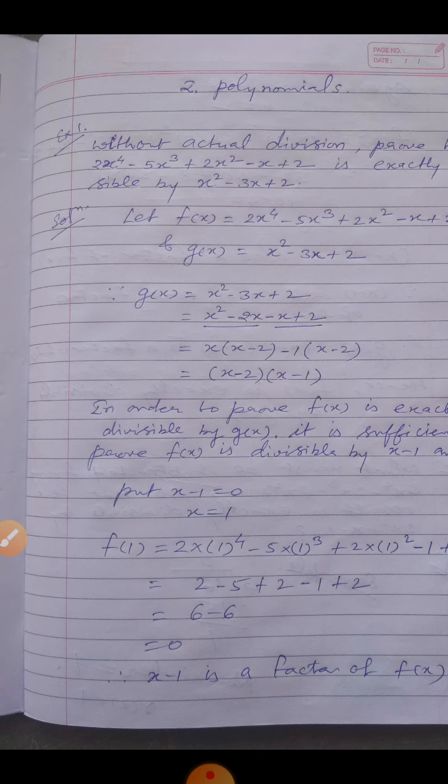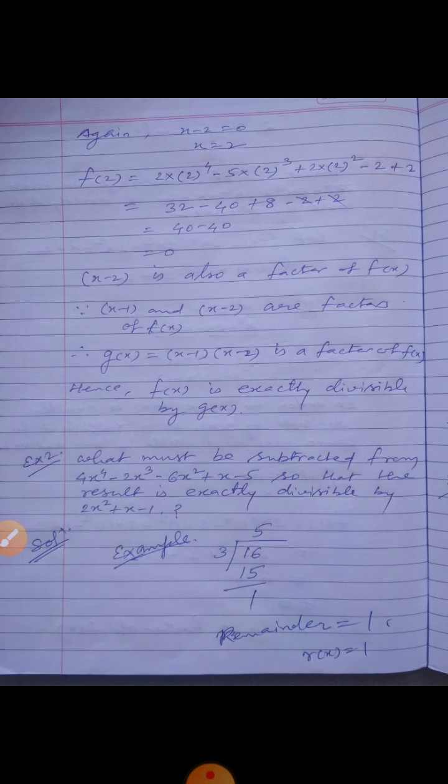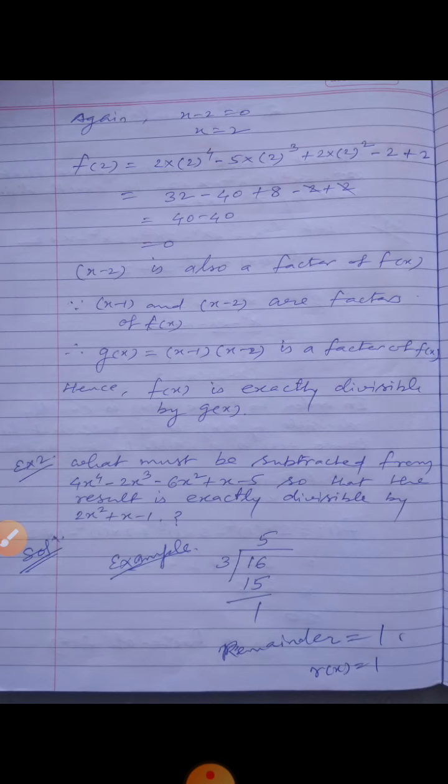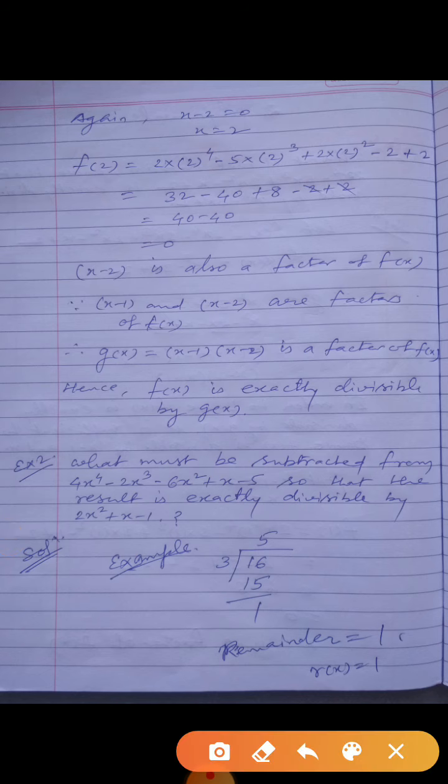Again for the next factor, x minus 2, find the zero of x minus 2. So put x minus 2 equal to 0, then x equals 2. Then f(2): put x equal to 2 in f(x).